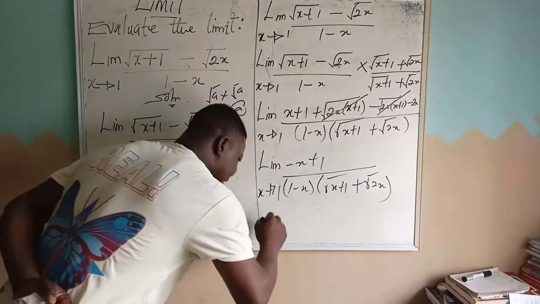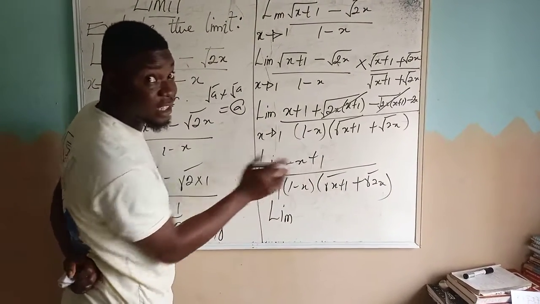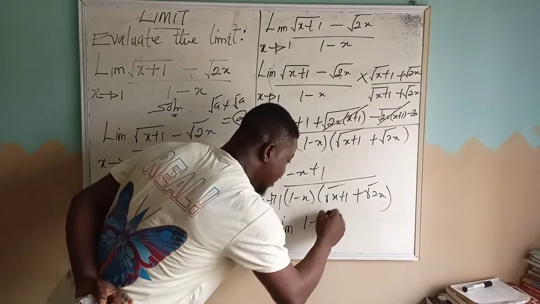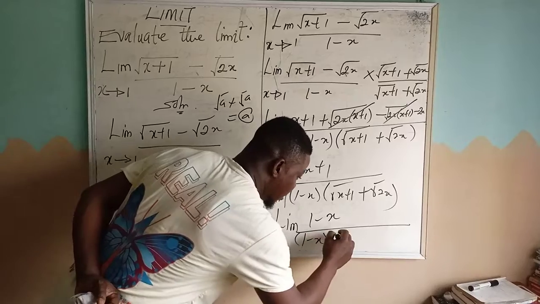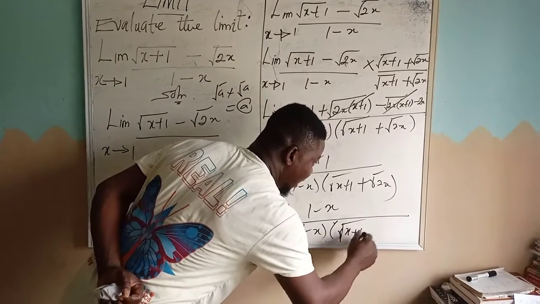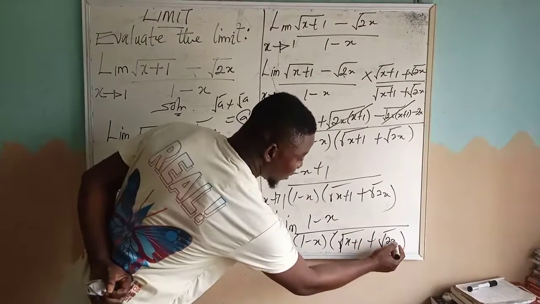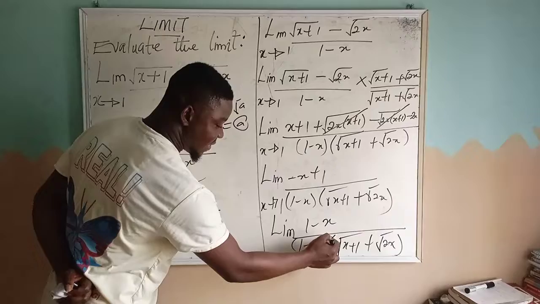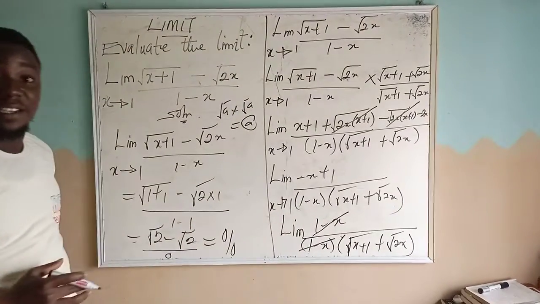Alright. Quickly, this is the same thing as the limit. This minus x plus 1 is the same thing as 1 minus x, everything divided by 1 minus x, then you have times square root of x plus 1 plus square root of 2x. Okay? Alright. So you can see that this 1 minus x here eliminates 1 minus x from there.